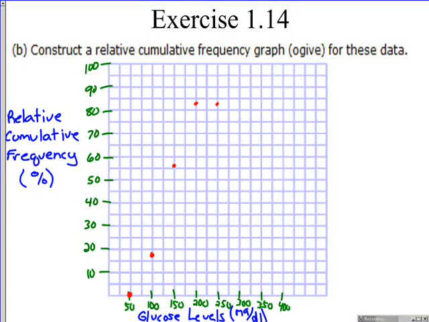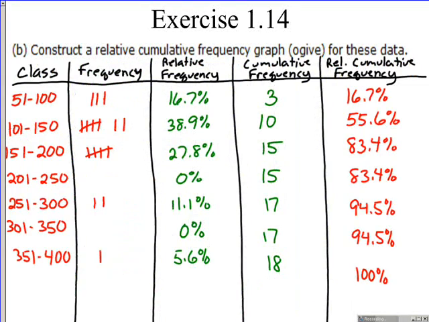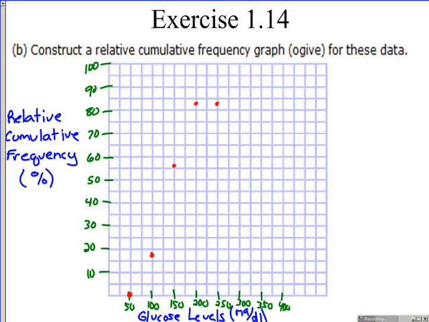Stays there. Jumps up to 94.5. Stays there. And finally the last one, which always then should be our 100%. Connect those with line segments. And there is our ogive.